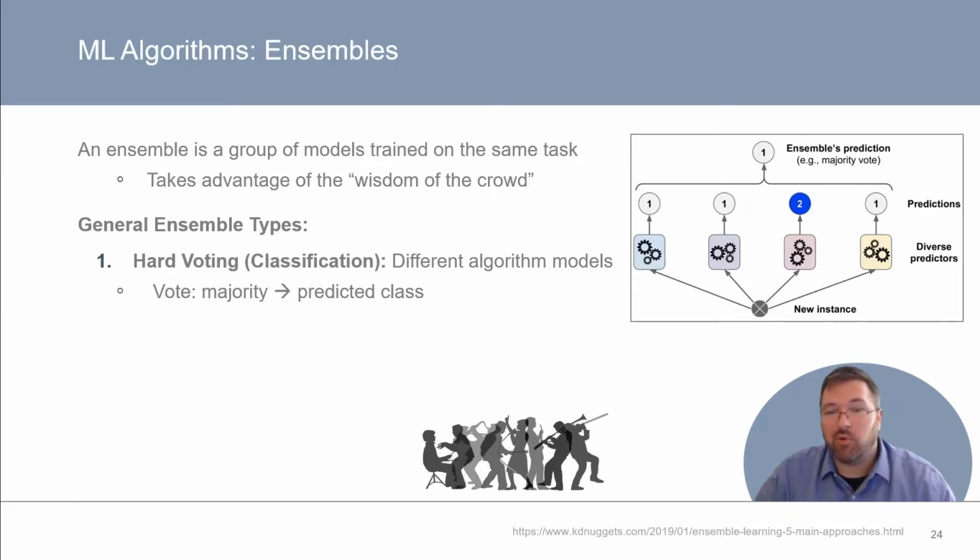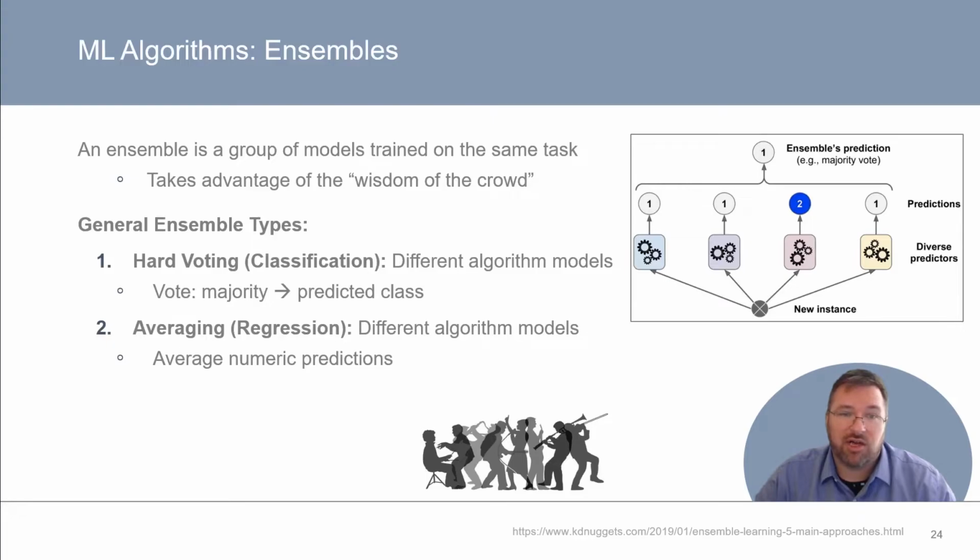Notably, this ensemble of models can be generated from the same algorithm looking at the data in different ways, or from a variety of different algorithms applied to the same data. As we can see in this illustration, when a new class instance comes along, each model in the ensemble makes its own prediction, and then the class with the most votes becomes the prediction of the ensemble as a whole.